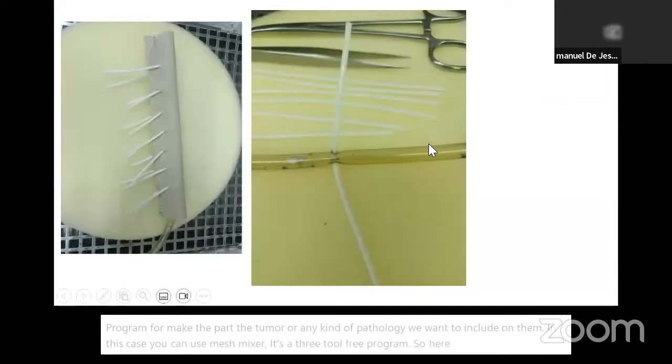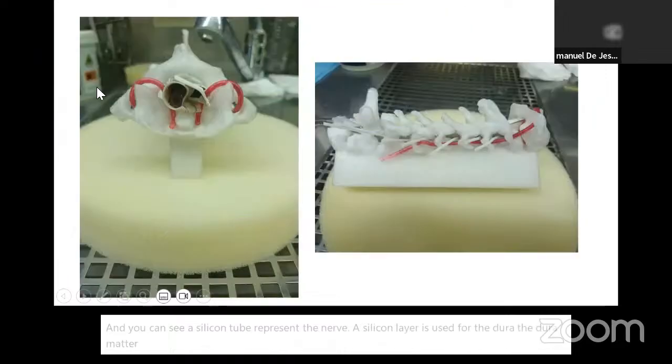Here you can see the spinal cord is made from an endotracheal tube, and a silicone tube represents the nerve. A silicone layer is used for the dura mater. And again, because it's very good for drilling and bone removal, the photopolymer cervical segment. You can see here.